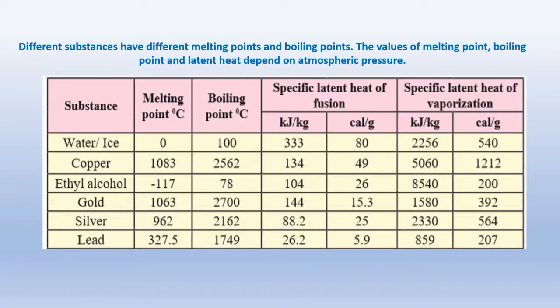Over here there are various substances: water or ice, copper, ethyl alcohol, gold, silver, lead, and melting points and boiling points are given. This is also in your textbook. If you want, you can refer to your textbook. And here there is specific latent heat of fusion, which is measured in kilojoules per kg and calorie per gram. And there is specific latent heat of vaporization.